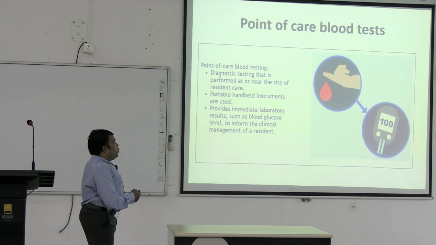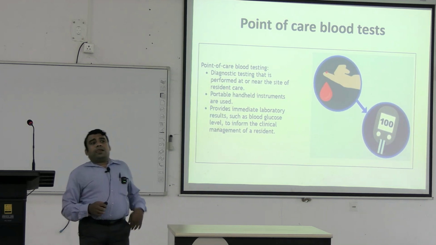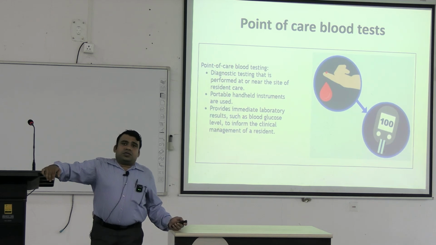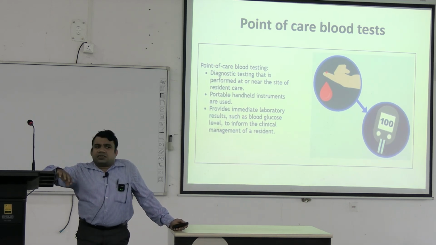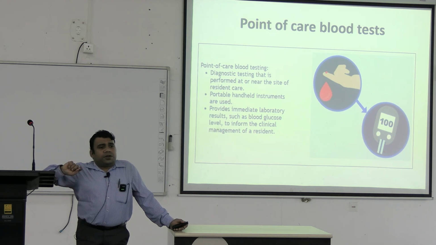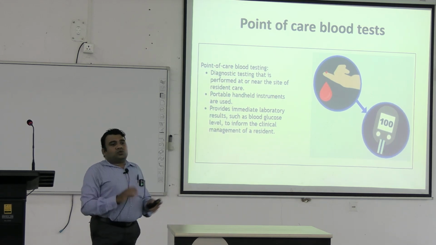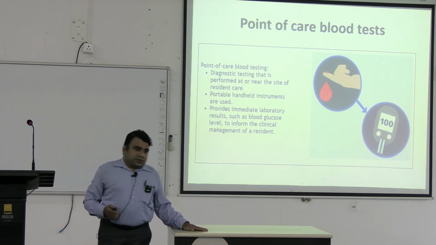Next part is point of care blood tests. Now, in today's healthcare, many tests are done at the patient bedside. For example, you must be aware of capillary blood glucose, which is detected by glucometers. Now, ideally, these should be separate for each and every patient.